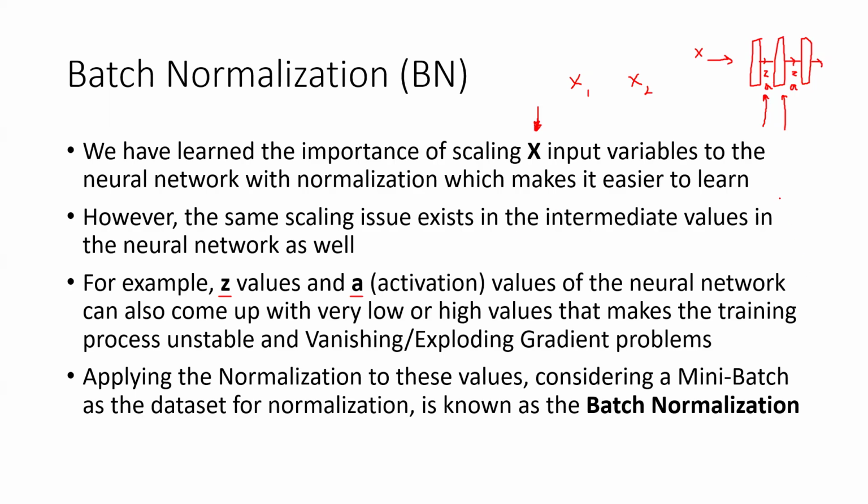When it comes to this scaling, we are normally using normalization, and generally we are using the z value, rather than the activation, for normalization, and we will see how it is done.